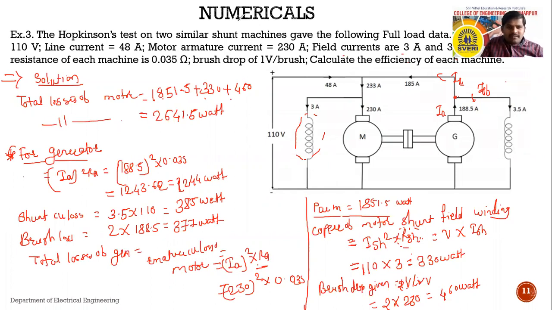Now what are the total losses of the generator? It is the sum of all the losses: armature copper loss, field winding copper loss and brush loss.